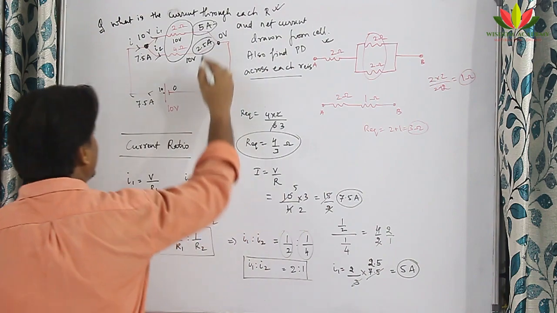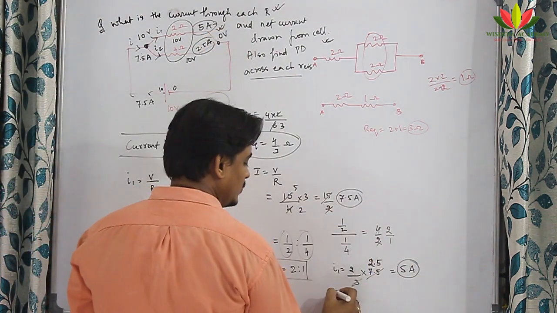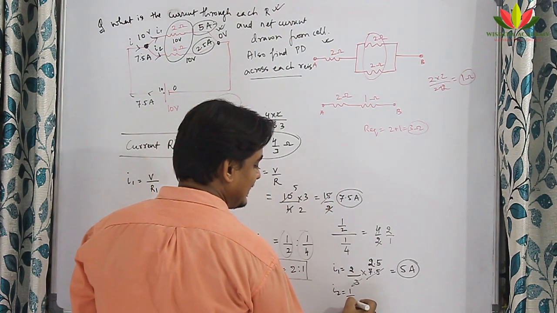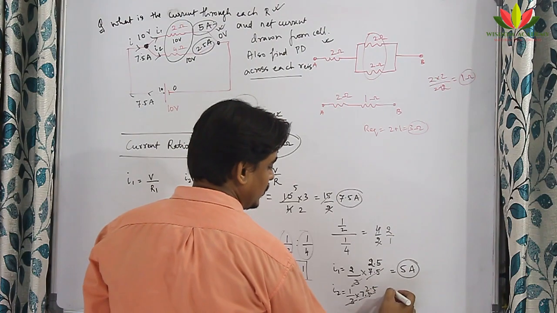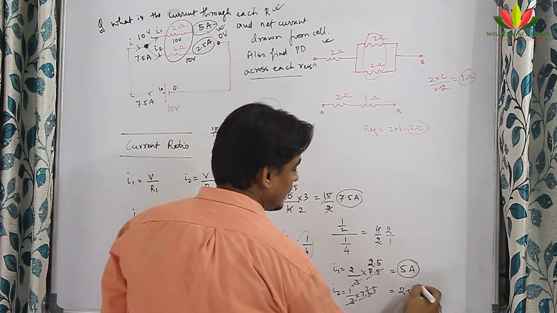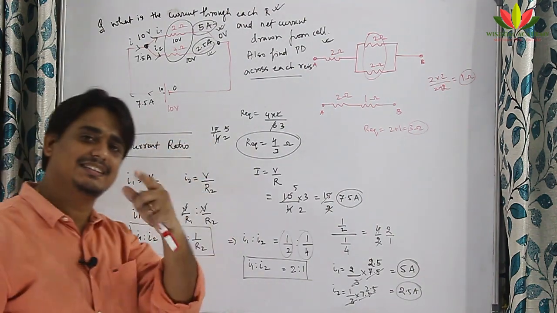Can you see, 5 ampere? The same thing came. And what is I2? I2 is equal to 1 by 3 into 7.5. This will be 2.5 into 1, 2.5 ampere. So 2.5 ampere is the answer. So in any method you solve, you will get the same answer.